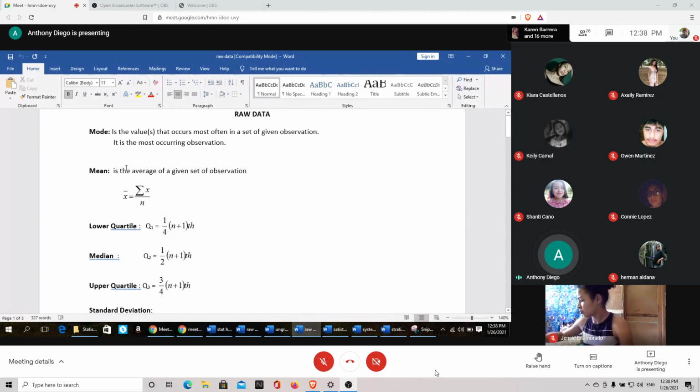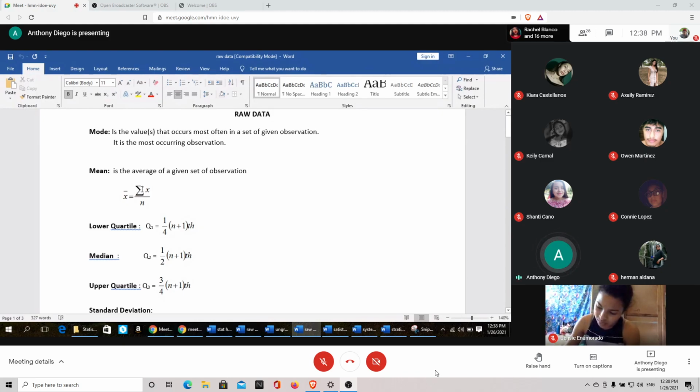Then, the mean is the average of a given set of observations. And for our data, X bar means the mean, is equal to, this sign here is the summation sign that looks like an E. That's a summation.